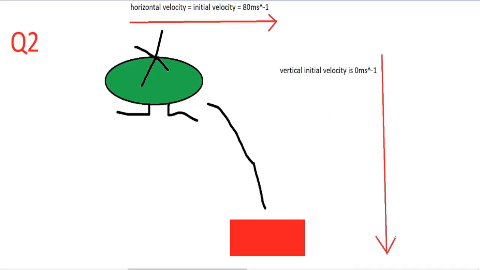We're also given the time taken, which is 9 seconds. Since we have everything we need, we need the range.